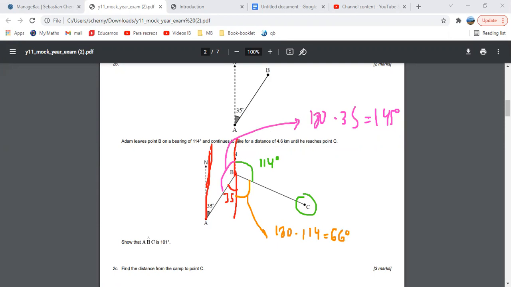So the complete angle ABC, which I will do in black, will be 35 plus the orange one, which is 66. So in total, the angle will be 35 plus 66, which is exactly 101.